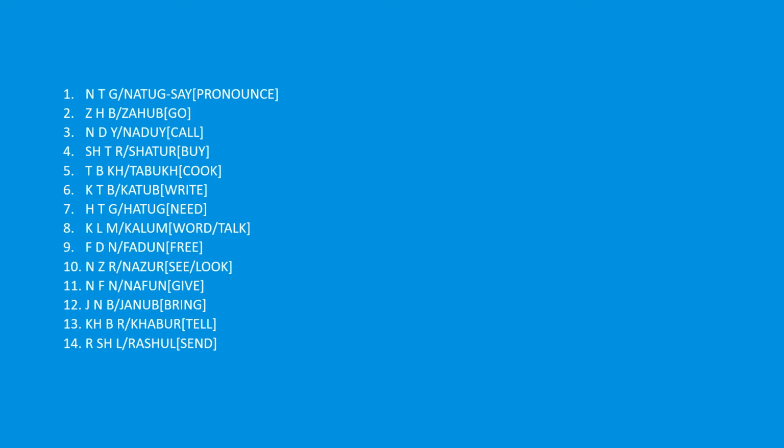Notice that the A goes between the first 2 letters and the U is placed between the last 2 letters. The sound of that is A, U, which makes the word pronounced natug.